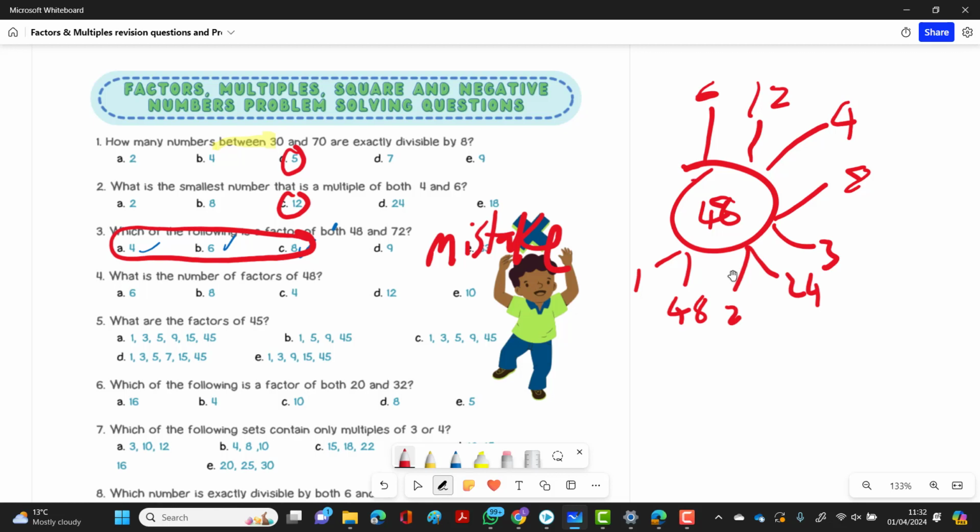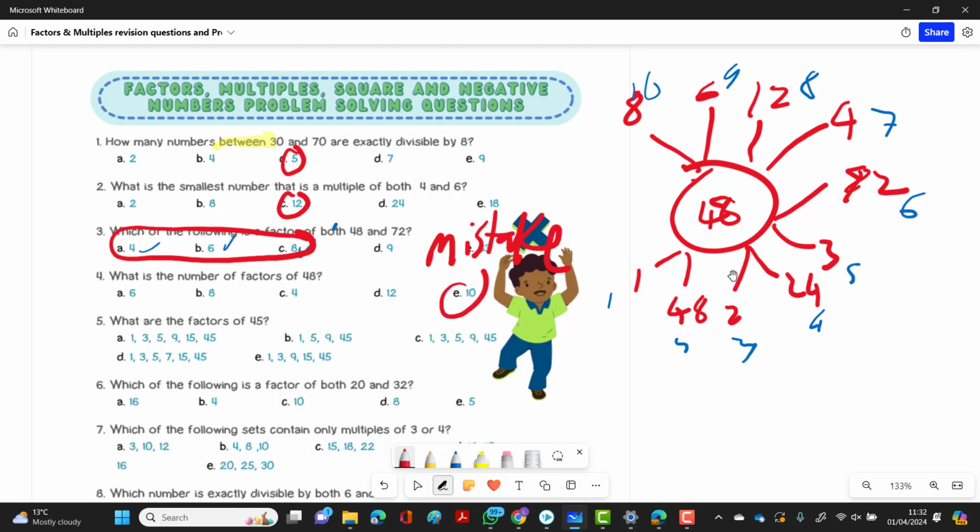It should be 16 there. Okay, so count how many of these. 1, 2, 3, 4, 5, 6, 7, 8, 9, 10. So 10. Number 4 should be E.